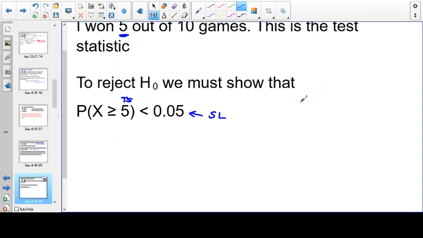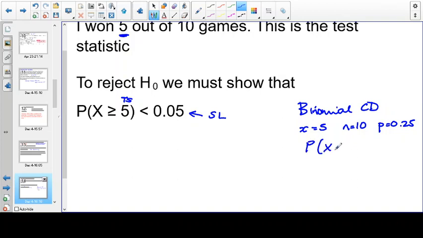Now we're going to use the binomial CD function on our calculator. X is going to be the 5, N is going to be the 10, and P is going to be the 0.25. Okay, now don't forget, when you're using this, it gives you the probability that X is less than or equal to your value here.